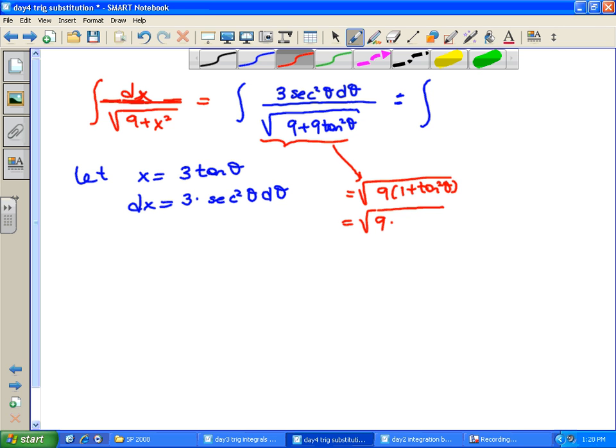What is 1 plus tangent square? Secant square, right? And how will that get out of the square root sign then? What is the square root of 9 times secant square theta? Because there's a product in the middle, you can take each one out one at a time, right? So the 9 comes out as a 3, and secant square comes out as a secant.